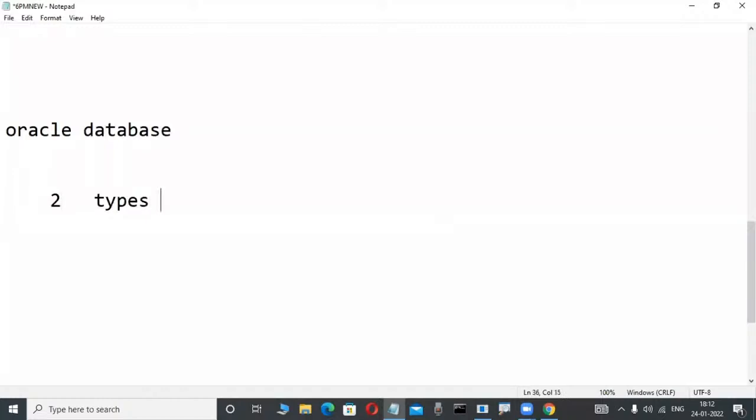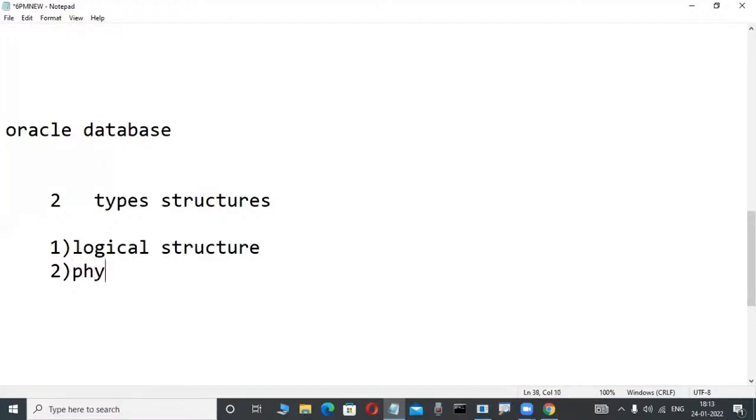One is the logical structure, another one is the physical structure. Slowly observe here. Logical structure, and another one is the physical structure. What is a logical structure?